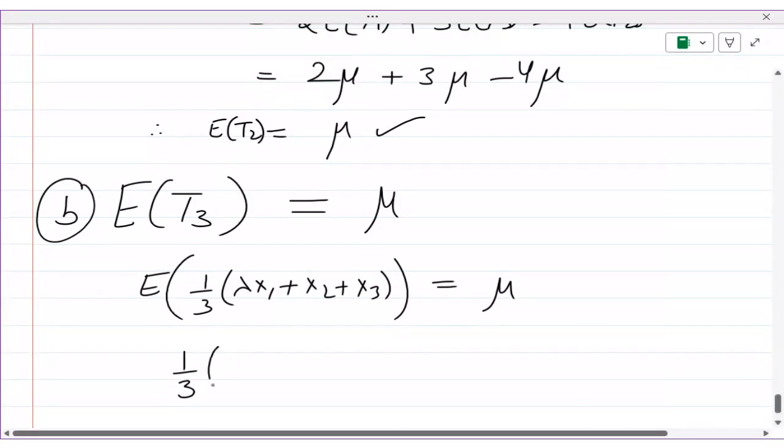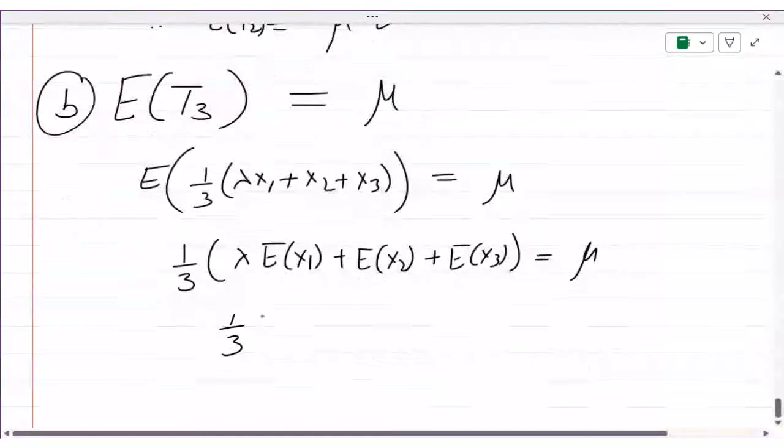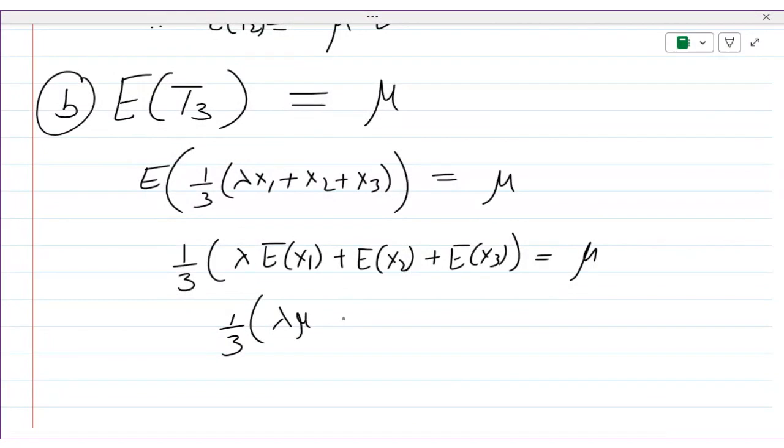So expected value of x1 plus expected value of x2 plus expected value of x3. This is equal to mu. Now 1 by 3 as it is, lambda as it is. What is expected value of x1? Because these are the samples taken from the population where mean is mu. So everybody will have mean mu. Mu is equal to mu.